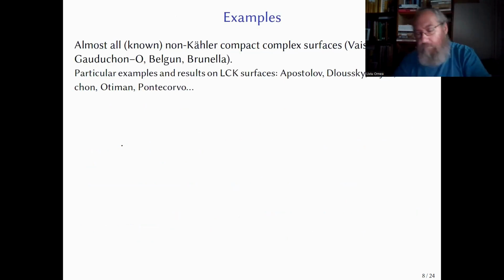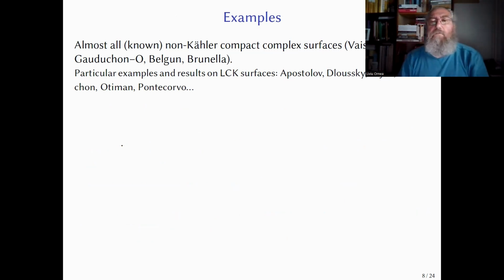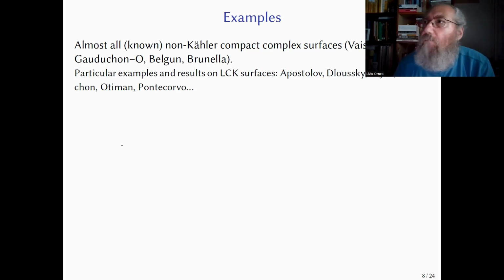Now, let me give you examples. First examples were given by Vaisman on the Hopf manifolds, on diagonal Hopf manifolds, not diagonal, sorry. Hopf manifolds obtained by quotienting by a multiple of the identity operator.